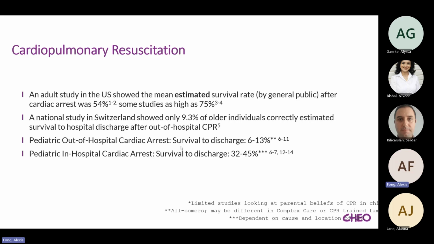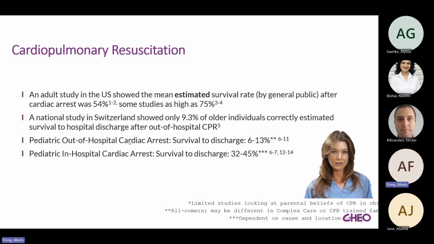So you're also getting the generally healthier kids who have cardiac arrest as well. Interestingly, there's a lot of thought that mainstream media is to blame for this really positive outlook on how survival for CPR is, because we watch these movies and everyone survives for the most part. So very different to real life.